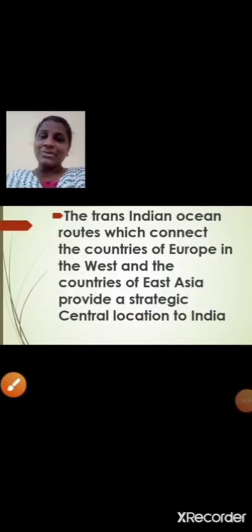The Trans-Indian Ocean routes, which connect the countries of Europe in the west and the countries of East Asia, provide a strategic central location to India. Students, what provides a strategic central location to India? Yes, it's the Trans-Indian Ocean routes, which connect the countries of Europe in the west and the countries of East Asia.